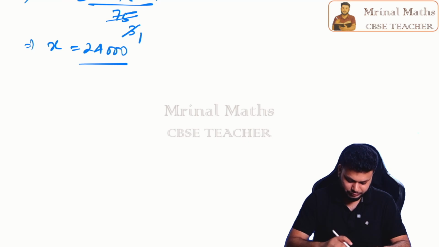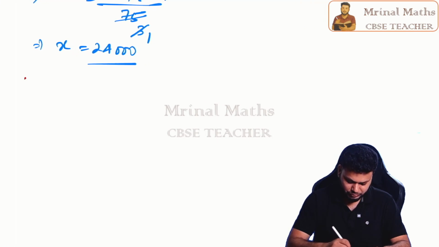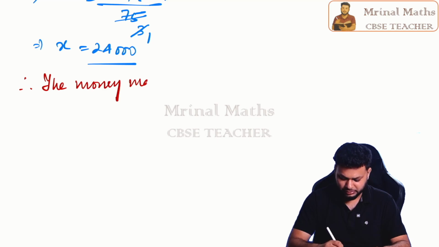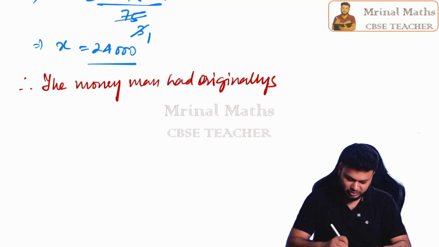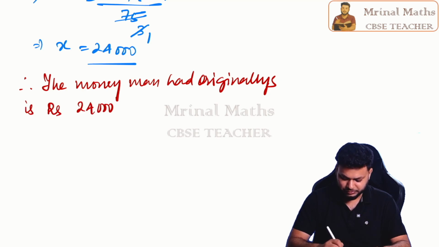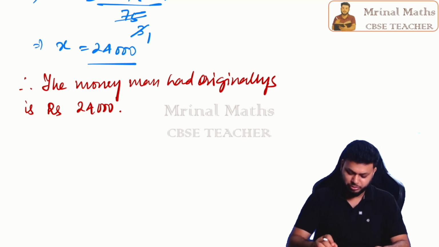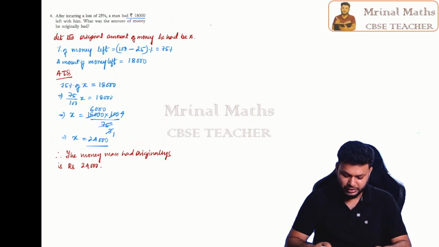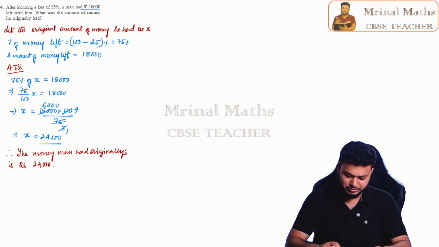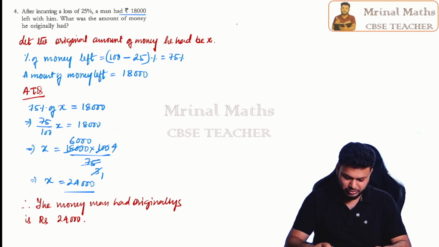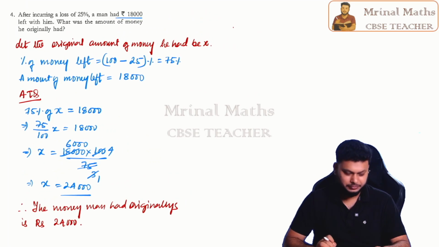Therefore, the money the man had originally is rupees 24,000. That's it. I hope you understood this. Going ahead with the next problem. If you want, you can take a screenshot of this one.